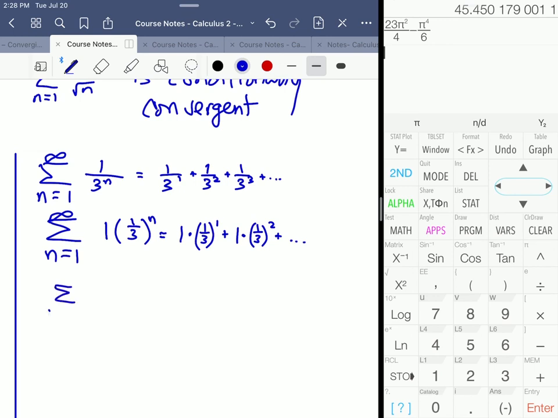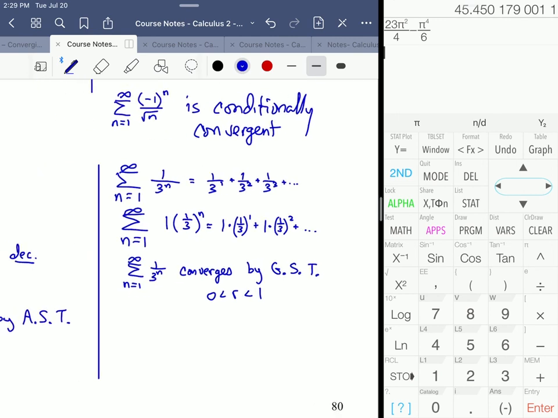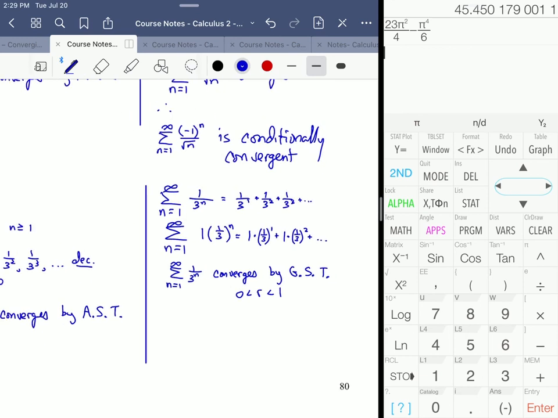So the sum from n equals 1 to infinity of 1 over 3 to the nth converges by the geometric series test, and that's because the r value is between 0 and 1.